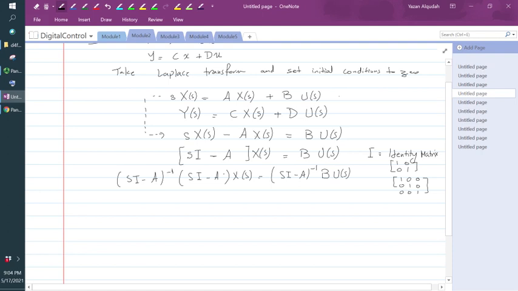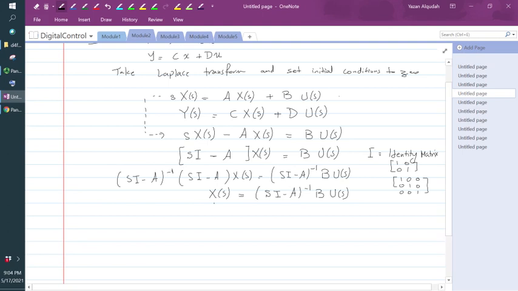The inverse multiplied by the matrix is going to give me the identity, so this is going to give me x of s equal to sI minus A inverse multiplied by B multiplied by u of s. Again, the matrix multiplied by the inverse of it is going to give me the identity. The identity multiplied by x of s is just going to equal x of s.